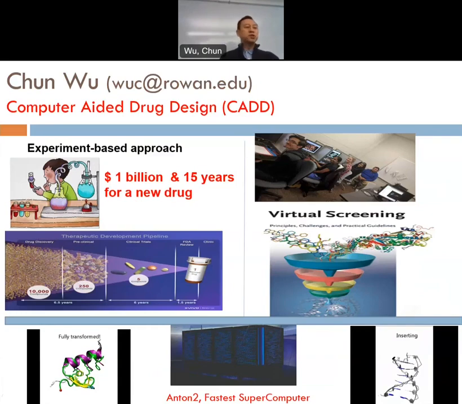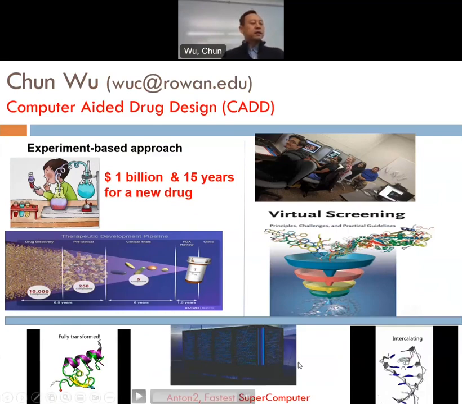You can see the interaction. In the real binding, there's a lot of interaction, so it's not a simple process. For that, we have access to the supercomputer to simulate those processes and use that information to help us pick the compound.